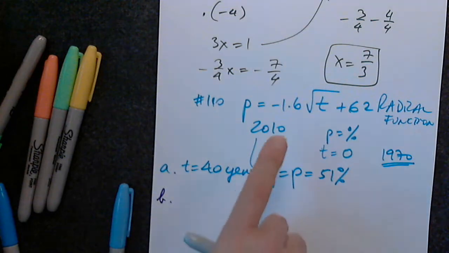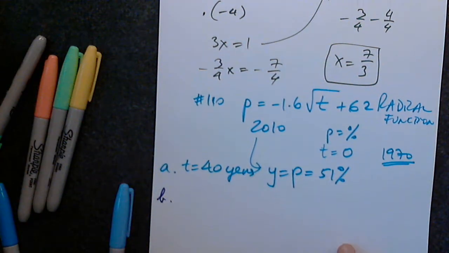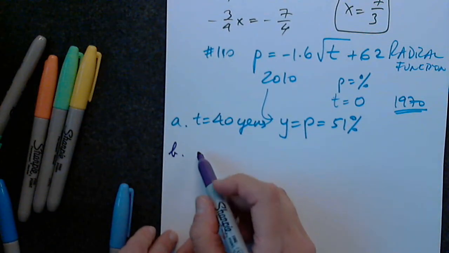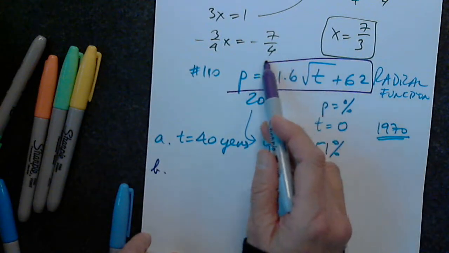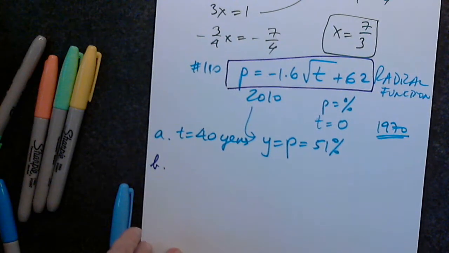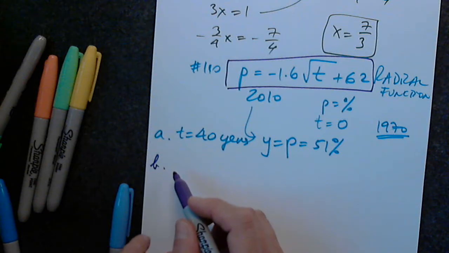Part B. Use the mathematical model to determine the percentage of jobs in the U.S. labor force held by men in 2010, rounded to the nearest 1/10 of a percent. So what will you say? We're asked to use the equation to determine the same thing that we determined with the graph. What am I plugging in? 40.